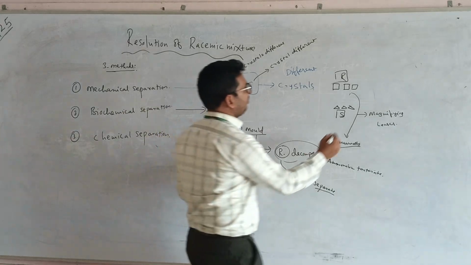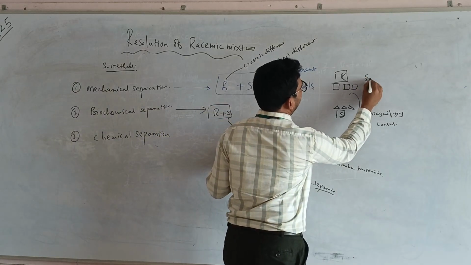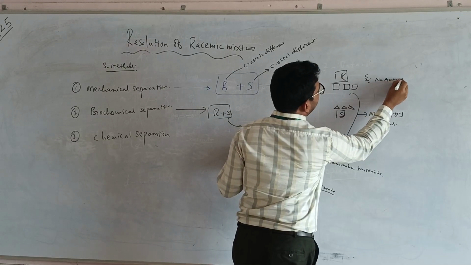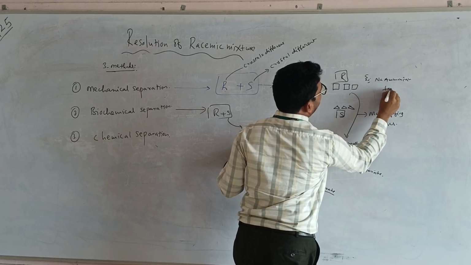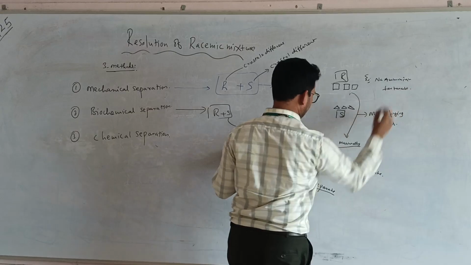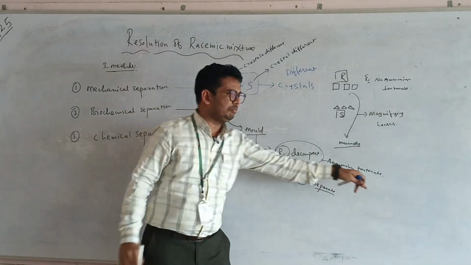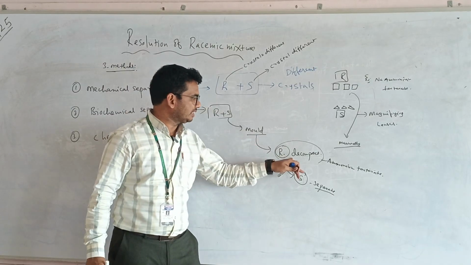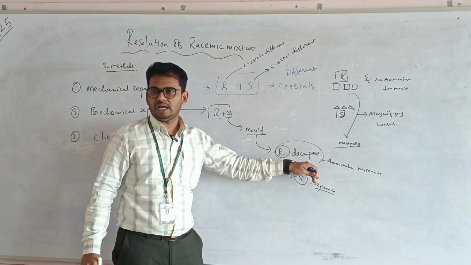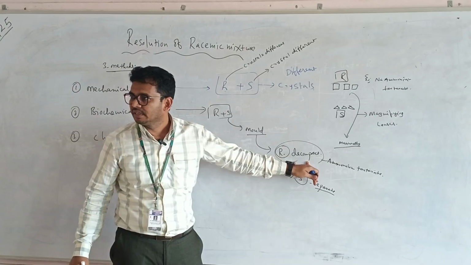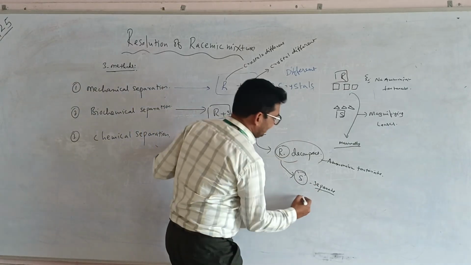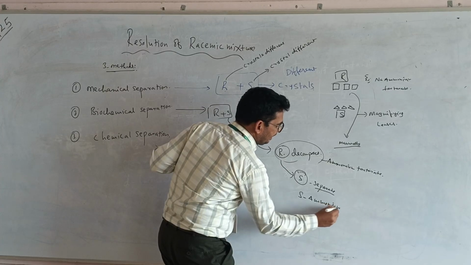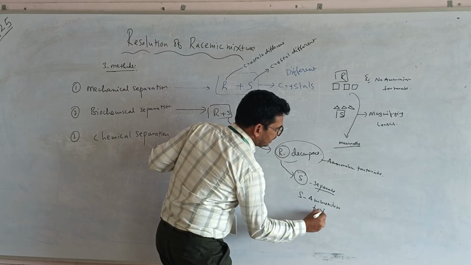Just write sodium before this example. We are separating by this method. When we add the mold, it decomposes the R ammonium tartarate, which means we are separating the S ammonium tartarate.